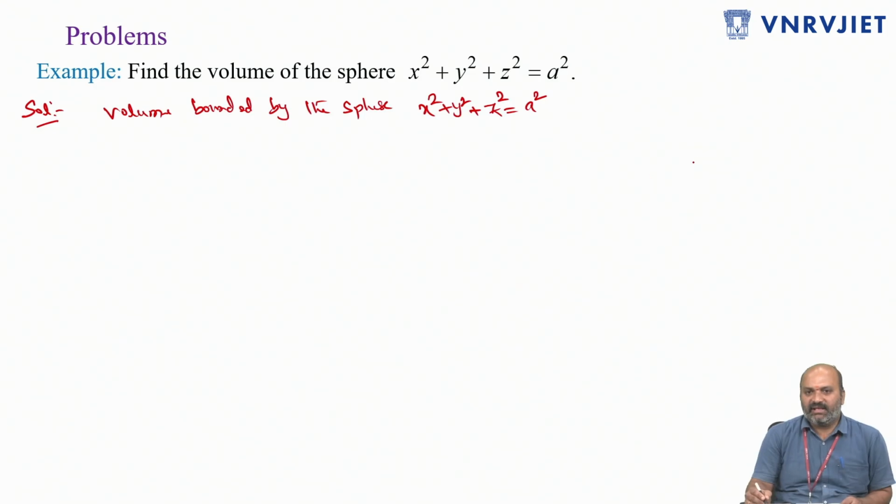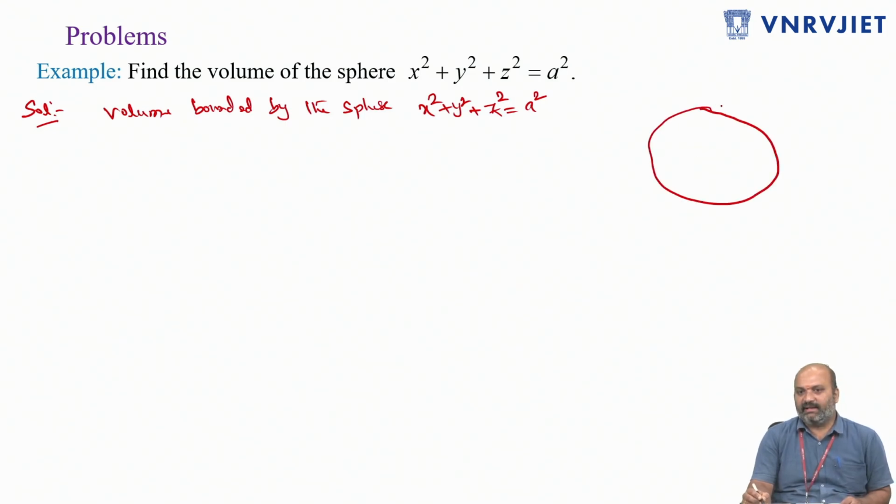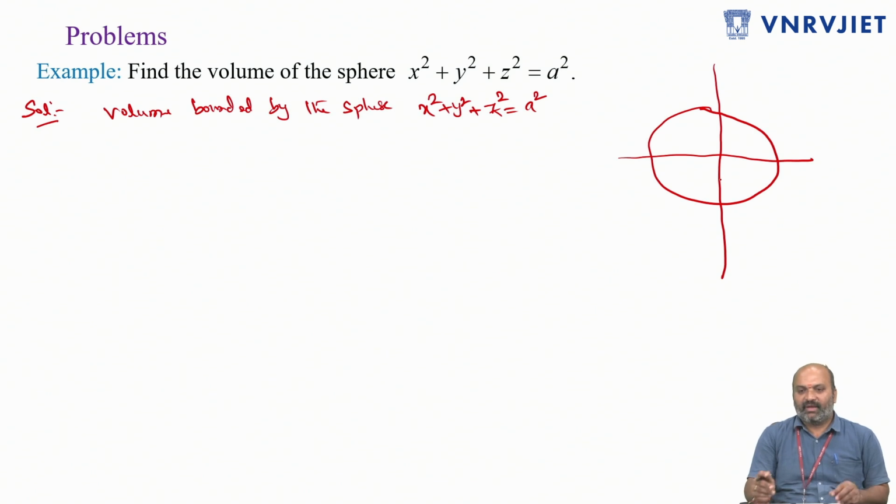Now, if you imagine a sphere, in 2 dimensions it is a circle, but let's imagine a 3-dimensional figure. A circle is spread over 4 quadrants, whereas a sphere is in 8 octants, and it is symmetric about the xy plane, yz plane, as well as the zx plane.